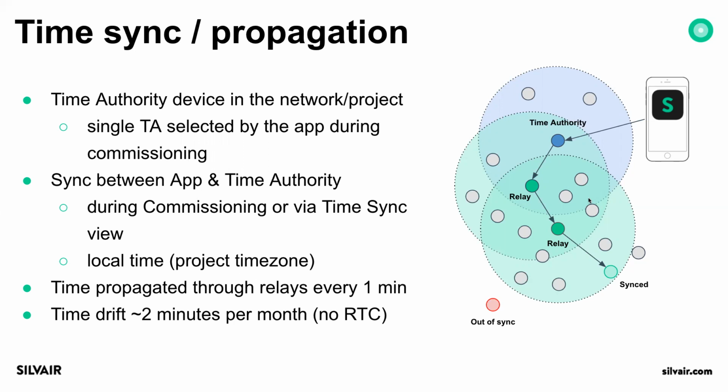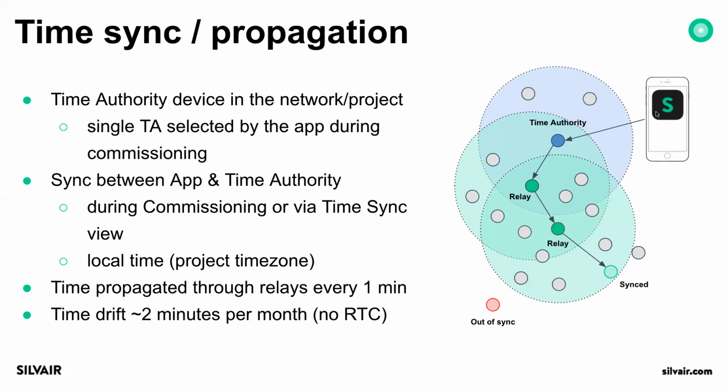The time is published by the time authority every minute. The time that the app uses to synchronize with the time authority is based on the time zone selected in the web application while creating a project.